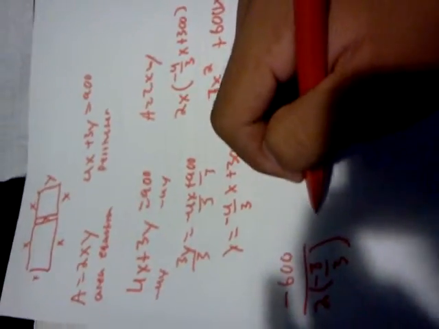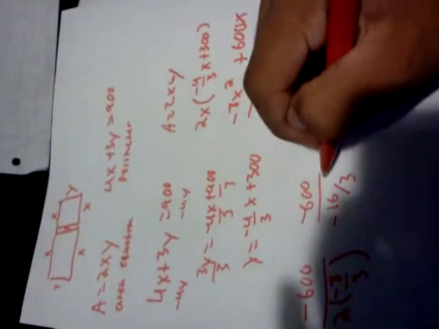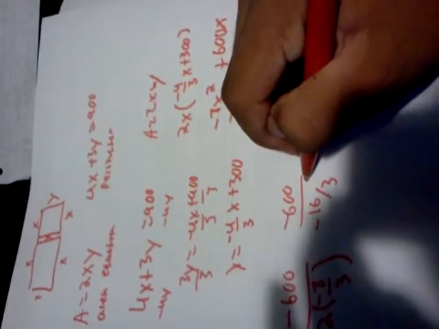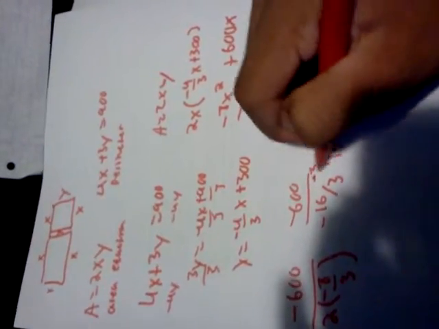So when we multiply this out, it would be negative 600 over negative 16 over 3. To get rid of the fraction on the bottom, we will multiply by negative 3 over 16. So that would cancel, and that would cancel.